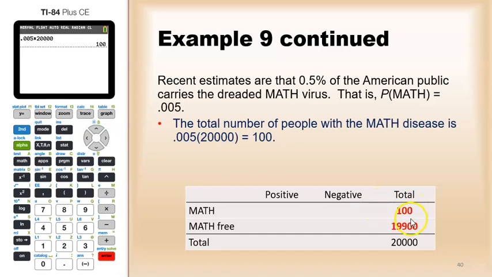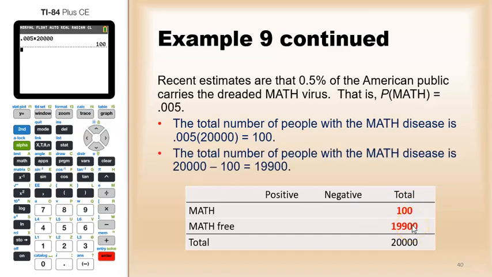And then we can get the number below it by subtracting. The total number of people who don't have the virus would be 20,000 minus 100, or 19,900. Okay, so we got the table partially filled out. Based on these 20,000 people, 100 will have the virus, the other 19,900 will not.